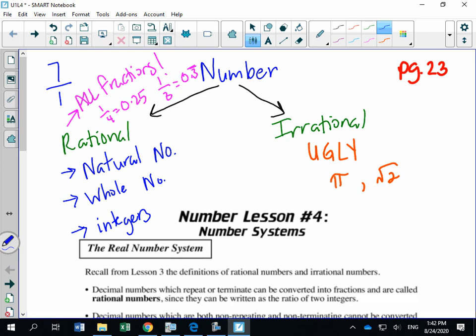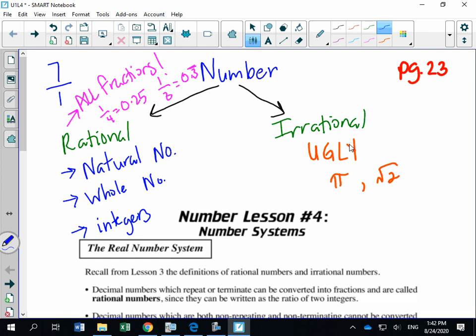So the only thing I'm literally going to teach in this lesson is what is a natural, what is a whole, and what is an integer. You have to have a really, really good understanding of that. Those are all rational numbers and nothing new about irrational. We are done with irrational, those ugly numbers that never terminate, never repeat.